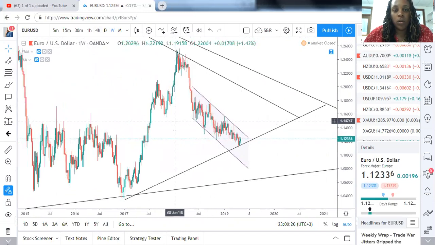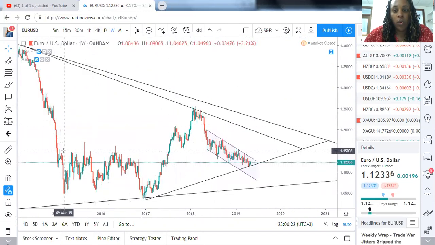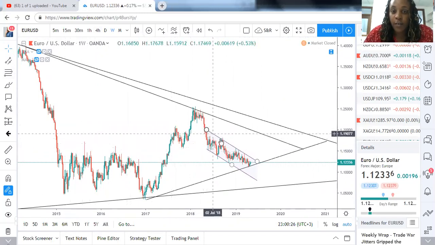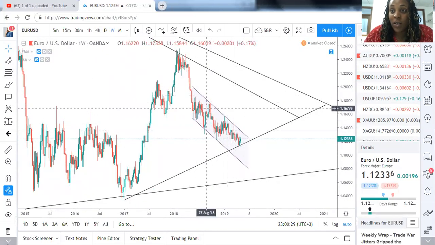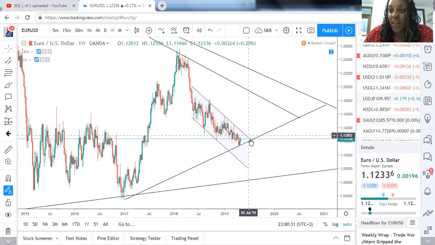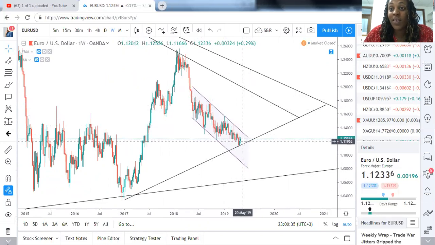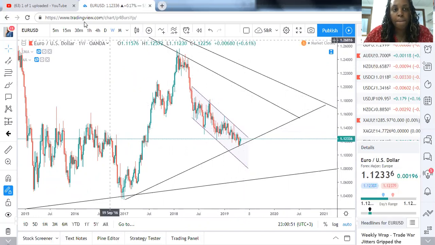Now, a couple of things that you want to do in a case like this is, first of all, using my parallel channel, it kind of gives you a trend line as well, as you can see. So if we wanted to get into this trade to position trade, you would wait for a strong bodied candle to break this particular trend line at the top before we buy, right? If you want to be on the safer side of things.